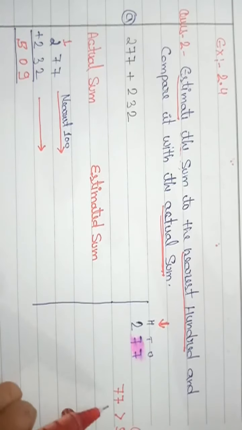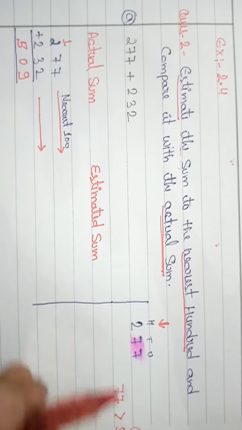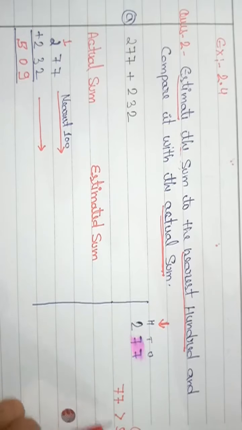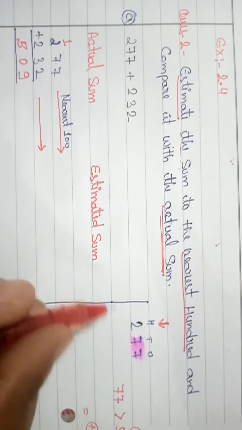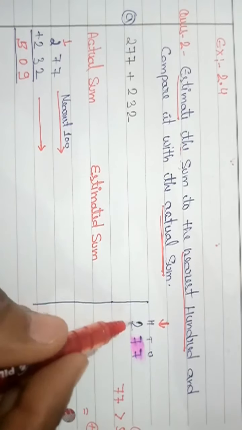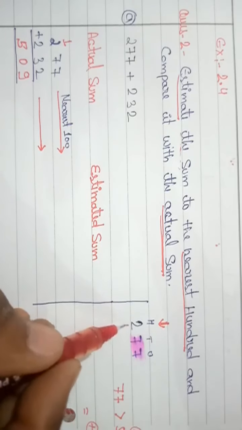If the highlighted place is less than 50, we add 0. If equal, plus 1. Here it is bigger, so add 1 in the target place.